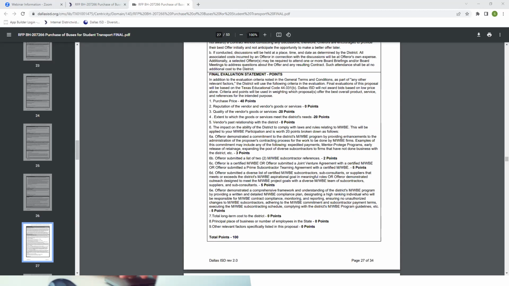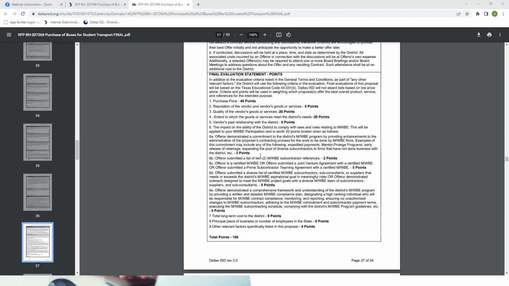Even if you don't understand how many points that particular page will give you, or how many points your response will give you, see everything that you do, everything that you submit, has a point value. Now, the MWBE portion, we have very specific point allocations, and we'll go over that because the MWBE forms also carry a scoring criteria as well.